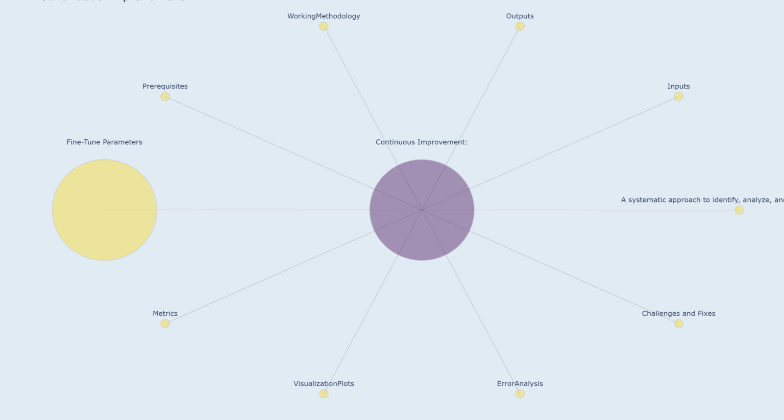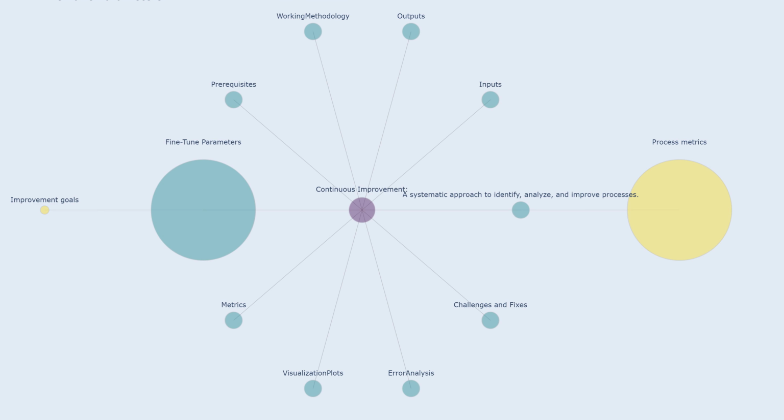Fine-tune parameters, process metrics, key performance indicators (KPIs) that measure the effectiveness and efficiency of processes. Examples include cycle time, defect rate, customer satisfaction score, and cost per unit. These metrics provide a quantitative basis for evaluating process performance and identifying areas for improvement.